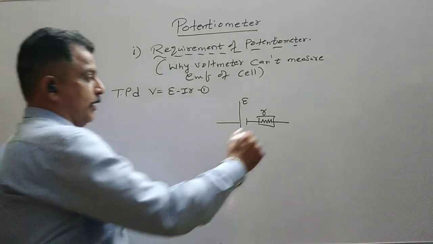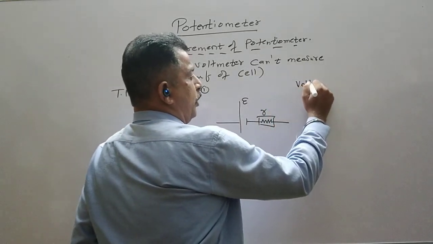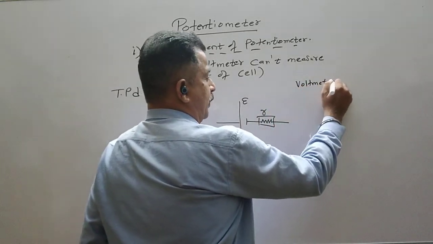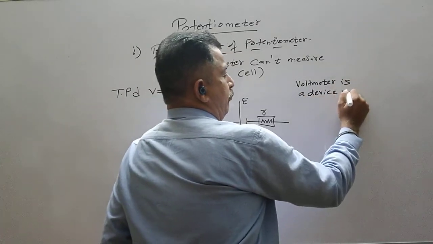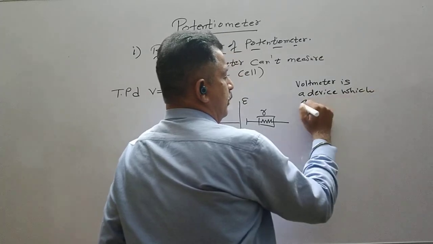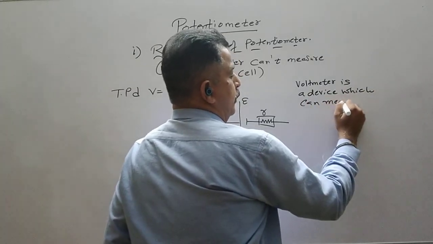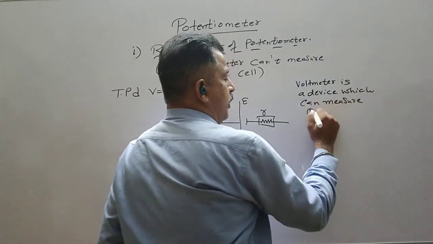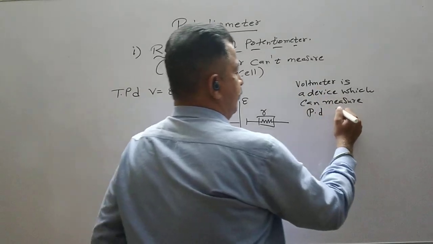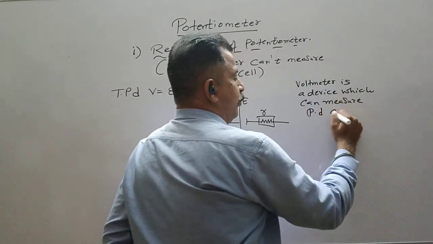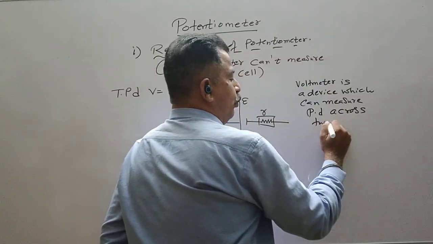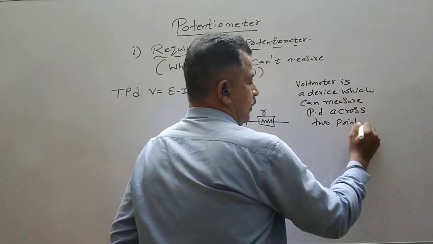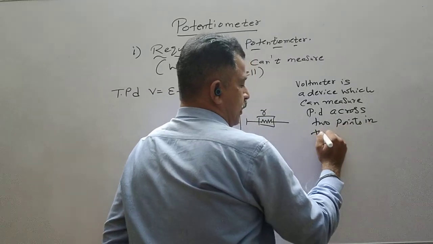Now voltmeter, what is voltmeter? Voltmeter is a device which can measure potential difference or terminal potential difference, across 2 points in the circuit.